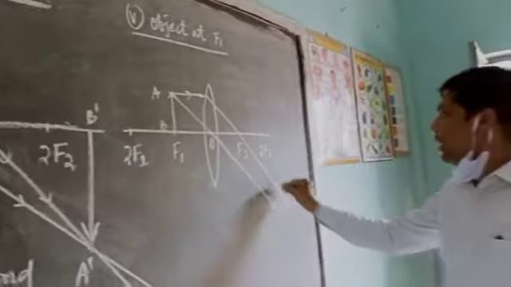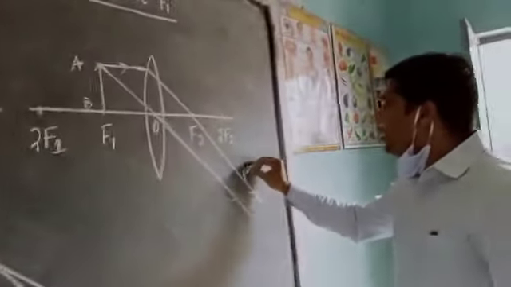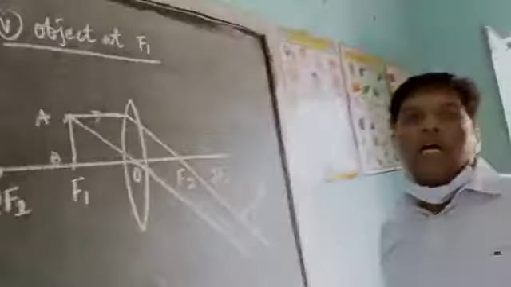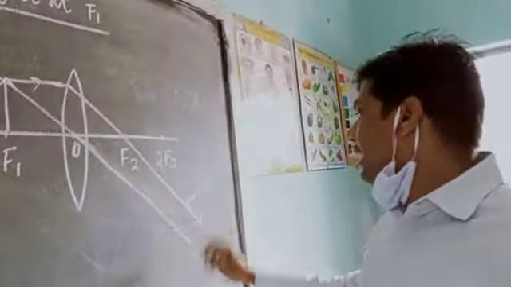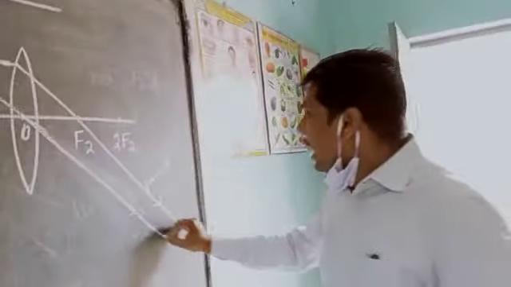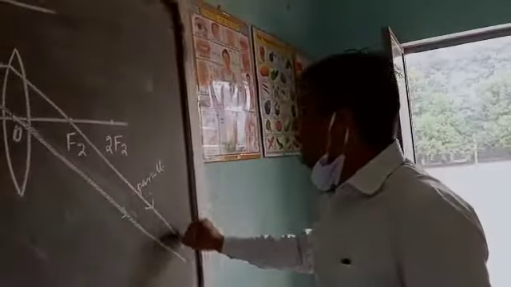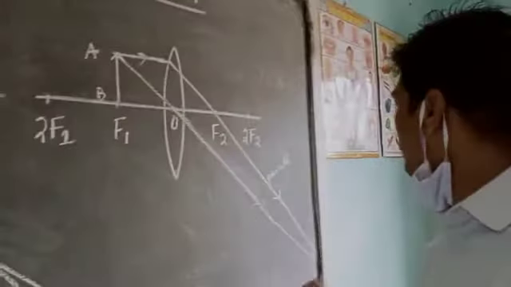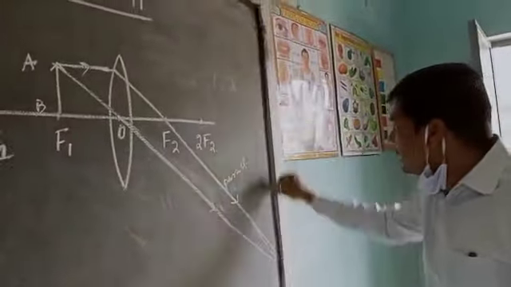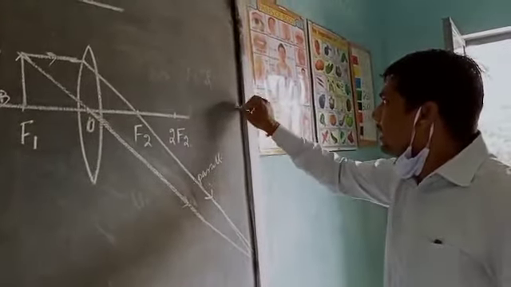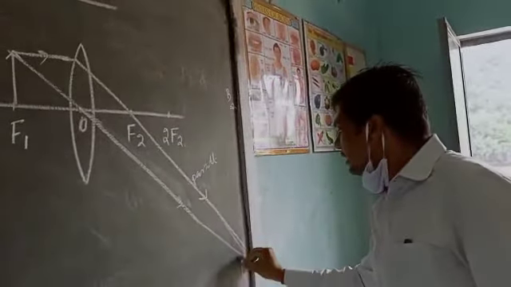That means these two rays are parallel to each other, but according to mathematics, parallel rays can intersect each other at infinite distance. Suppose infinity is here; then the image is created here, B dash and A dash.